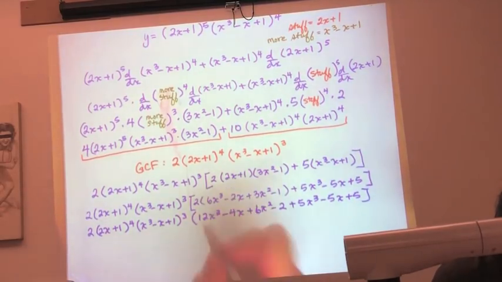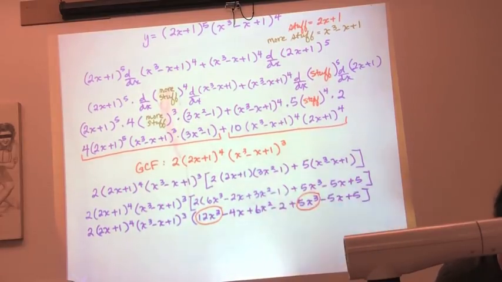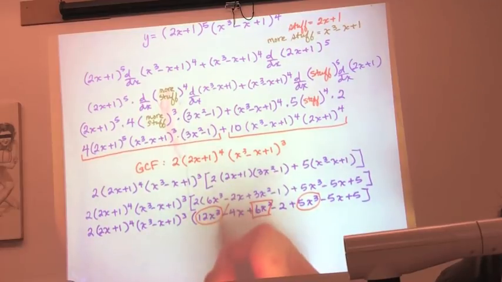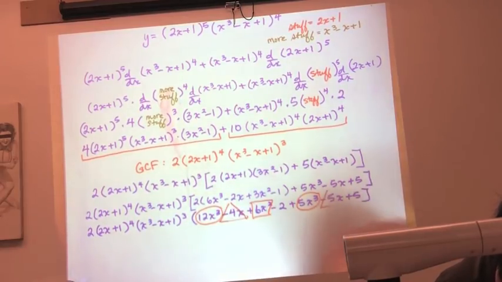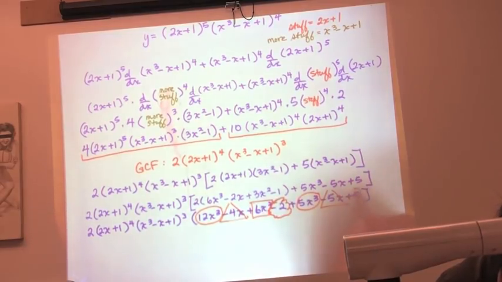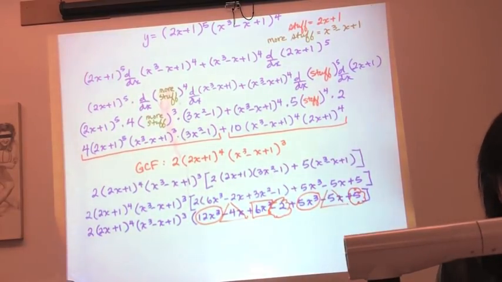So here I have an x cubed and an x cubed. I only have 1x squared, and then I have my 4x and 5x, and then my constants.